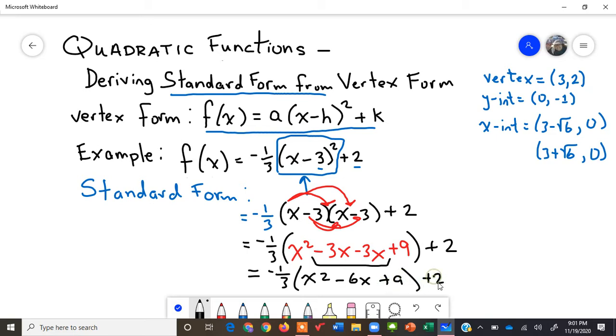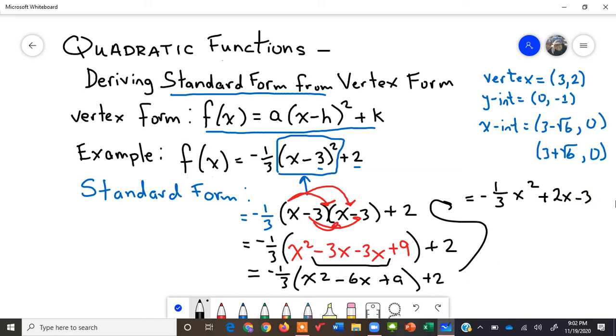and the plus 2. We need to distribute the negative 1/3. So negative 1/3 times x squared gives us negative 1/3 x squared. Notice that's the a here. Negative 1/3 times negative 6 gives us a positive 2x. Negative 1/3 times 9 gives us negative 3.